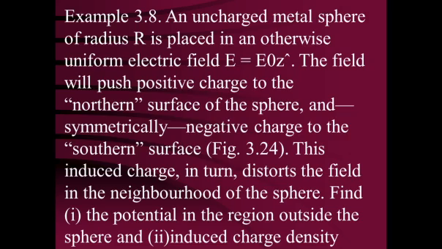This induced charge in turn distorts the field in the neighborhood of the sphere. Find one, the potential in the region outside the sphere, and second, the induced surface charge density sigma.